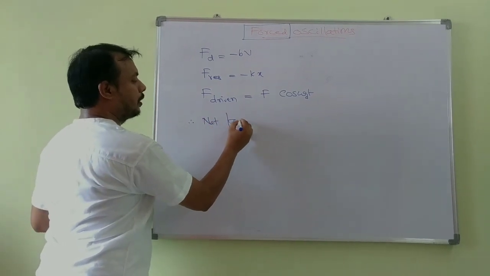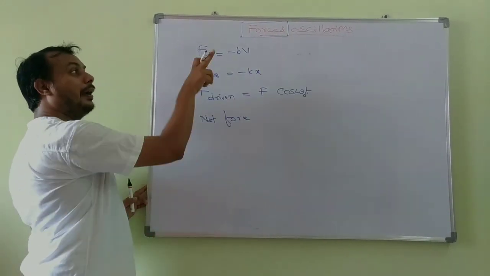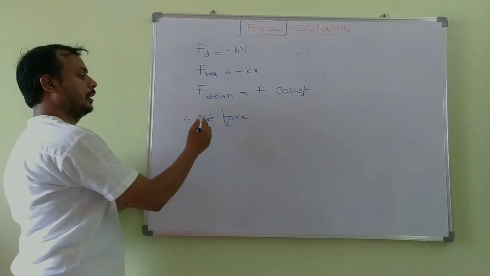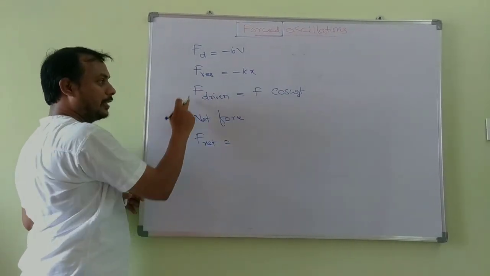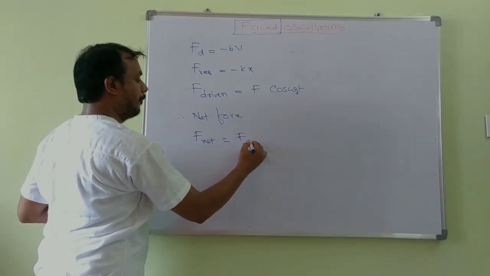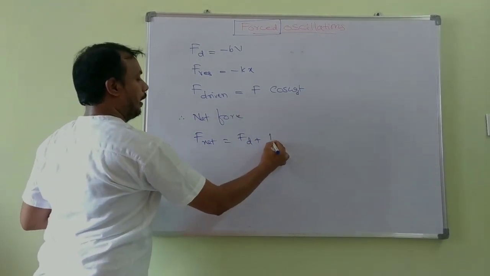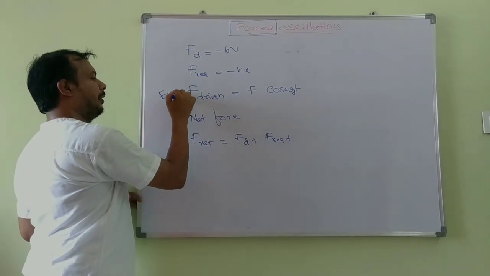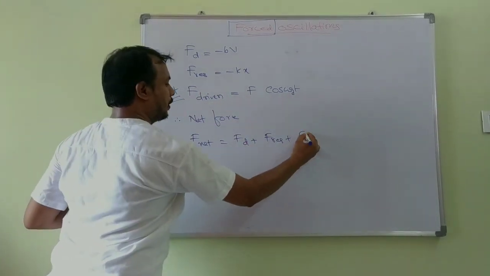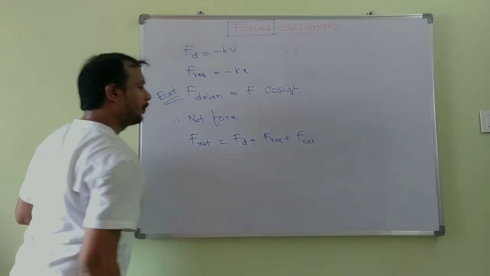What is the net force on the oscillator under forced oscillations? So F net equals the sum of these three forces: damping force, restoring force, and external or driven force.